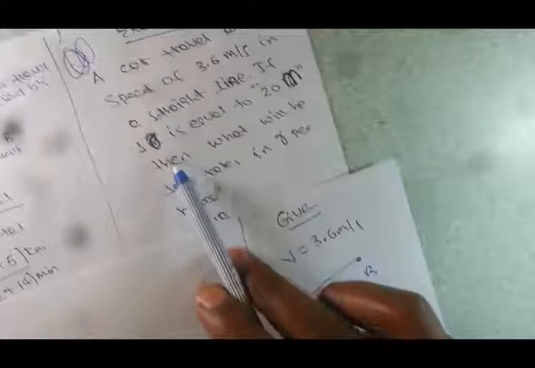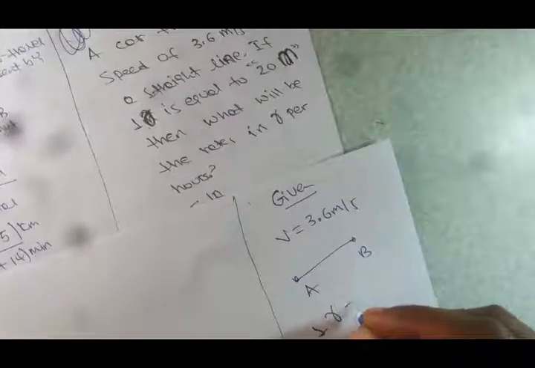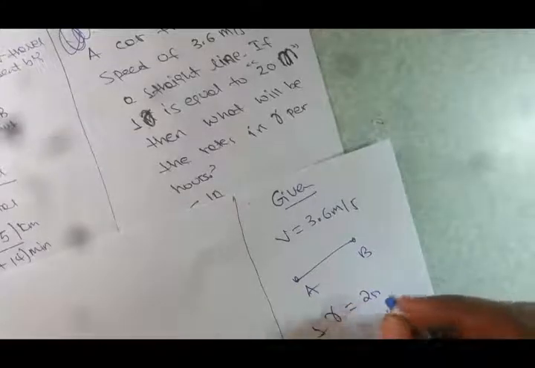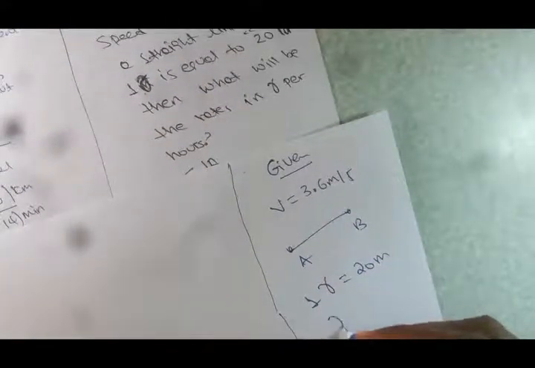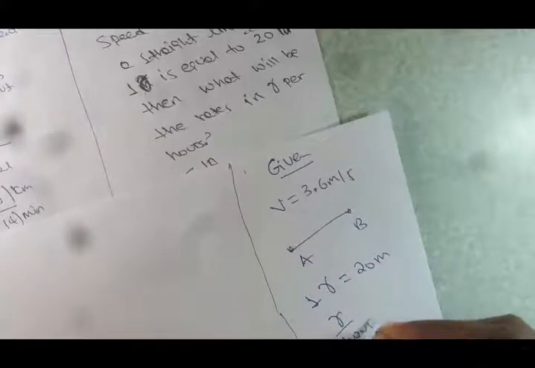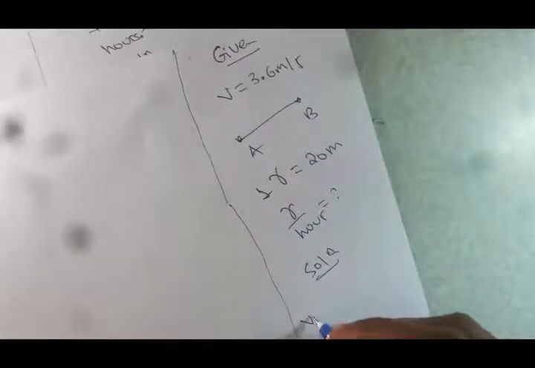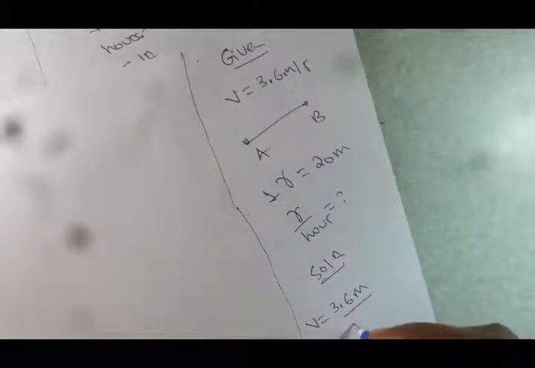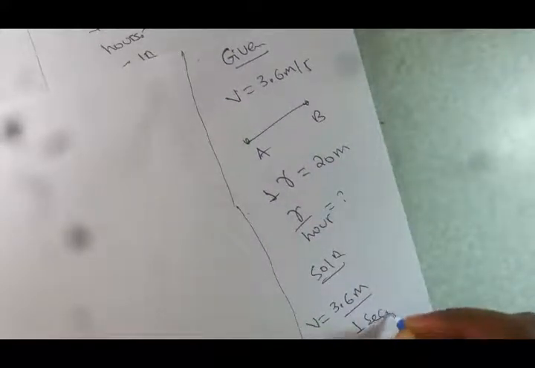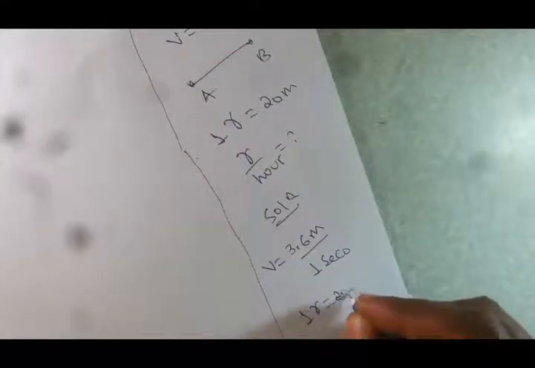And if 1 ohm is equal to 20 meters, then what will be the ratio of ohm over hour? Solution. We are given the ratio V is equal to 3.6 meters over 1 second, and we are given 1 ohm is equal to 20 meters.